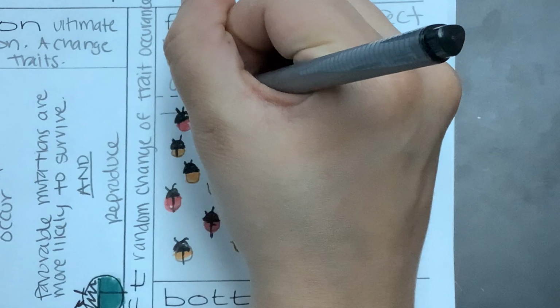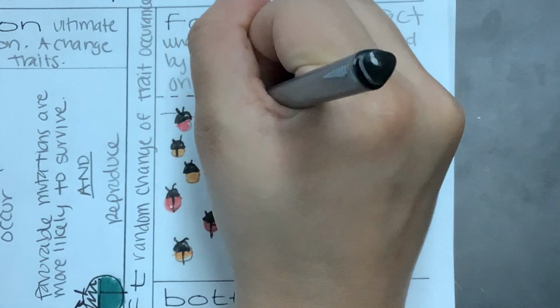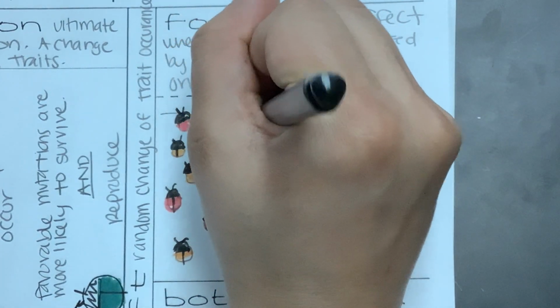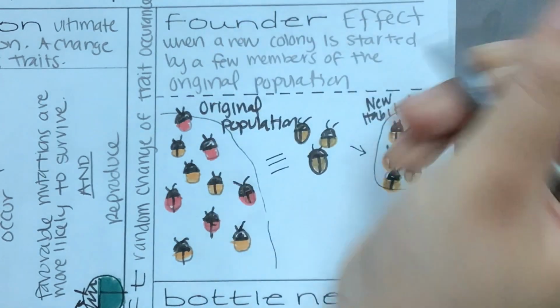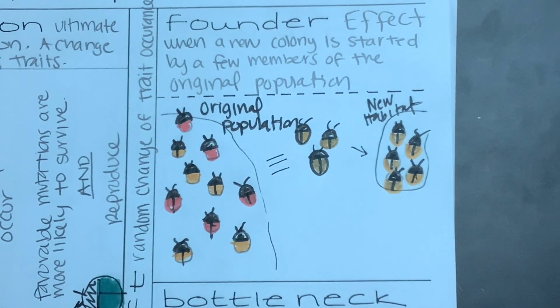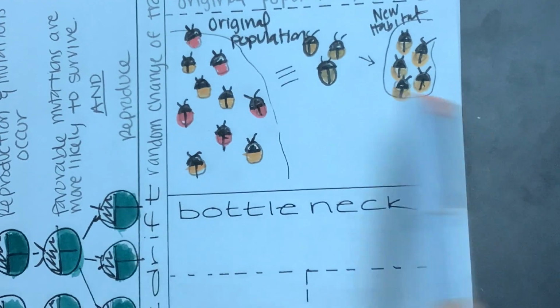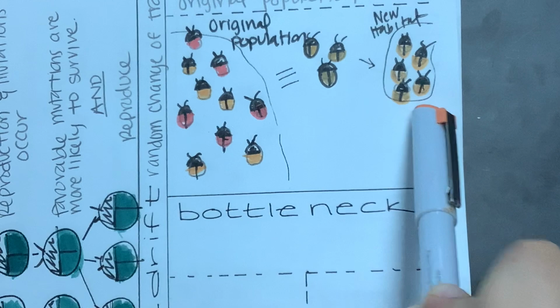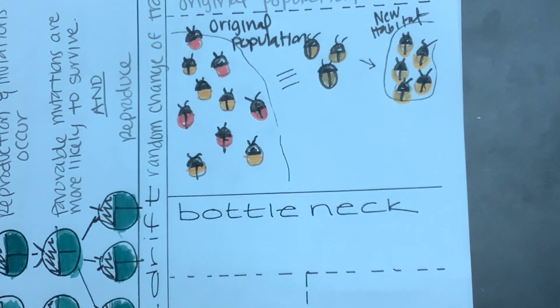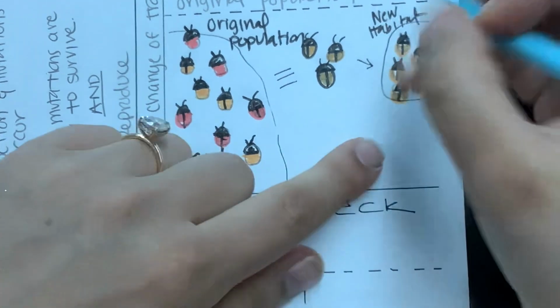And so this is the original population. And then this is going to be that new one. Although same species still, they wandered around and wandered off. So that's this idea of genetic drift, right? The reason why it's an example of genetic drift is now this new habitat, they're only going to be reproducing orange offspring.